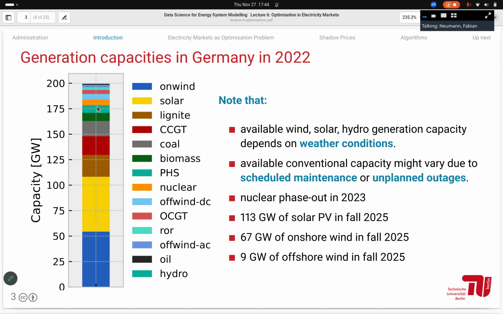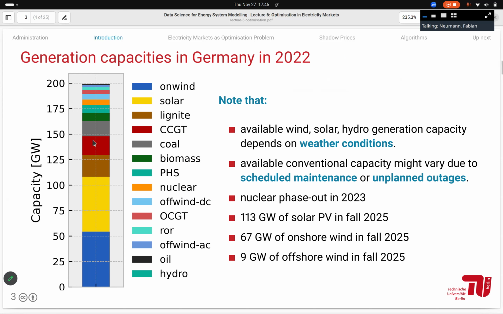If you look at the total capacity here, we're looking at about 200 gigawatts of total capacity compared to a peak electricity demand of 80 gigawatts. And part of that mismatch in capacity is due to the wind and solar that is maybe not available at all times, where you then need enough backup capacity or dispatchable capacity to fulfill the peak demand.